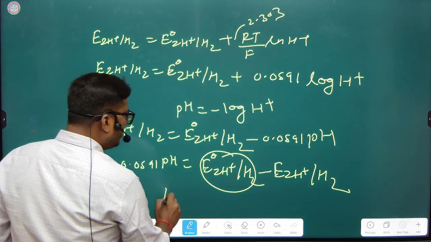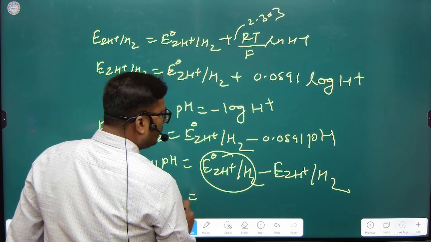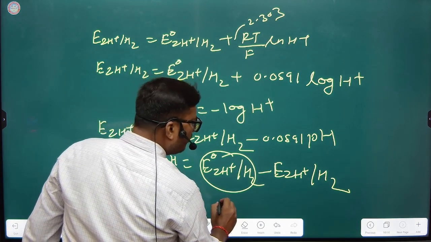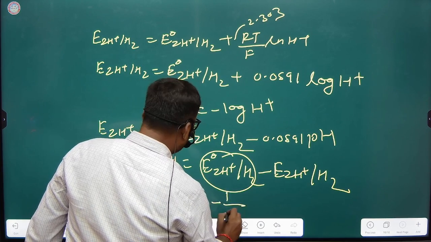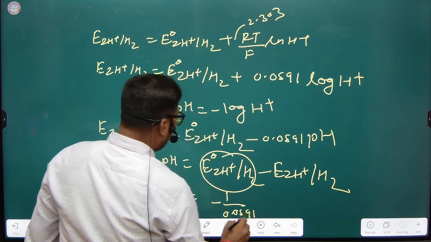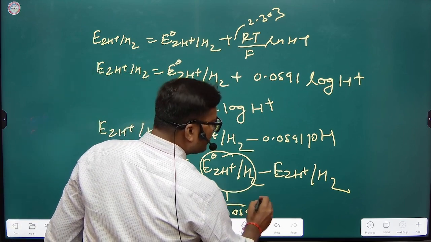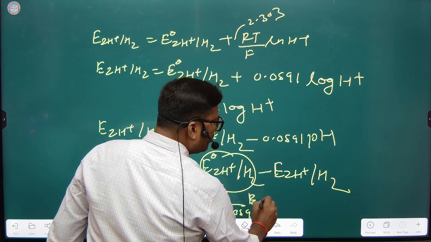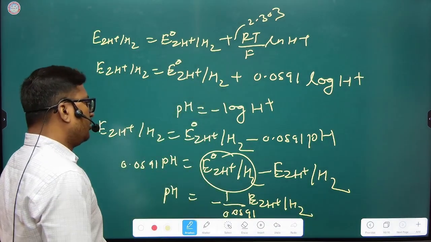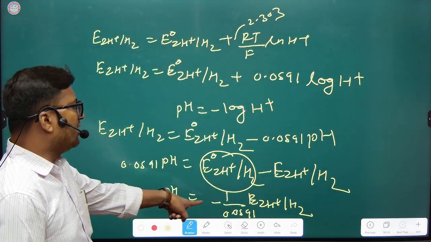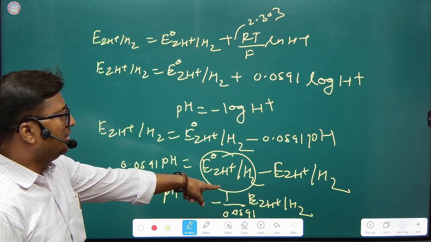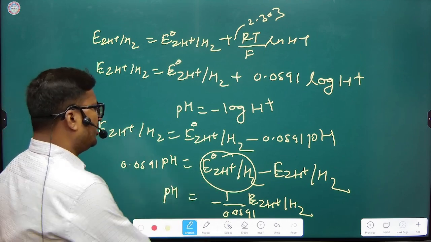So pH equals minus 1 by 0.0591 times E 2H plus H2. So pH is equal to minus 1 by 0.0591 E 2H plus H2. This is the relation.